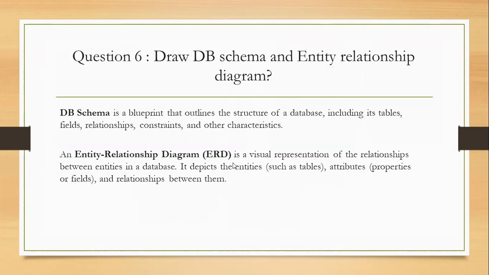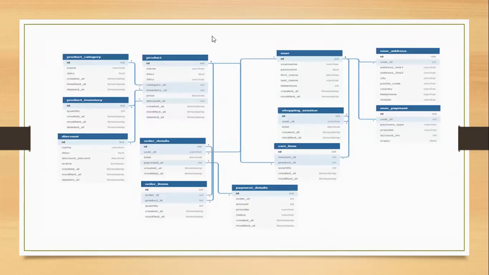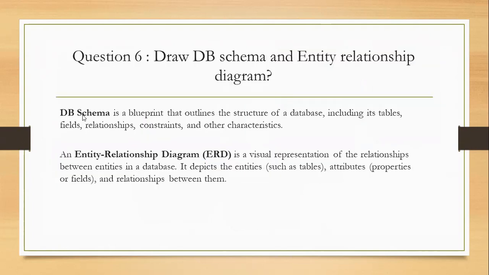The relation between entity to entity or table to table, a few tables, you can consider as an entity relationship. A database schema is a blueprint outlining the structure of a database, including its tables, fields, relationships, constraints, and other characteristics. Explaining it entirely like that comes under database schema, and giving a relationship between entities in a database is an entity relationship diagram.